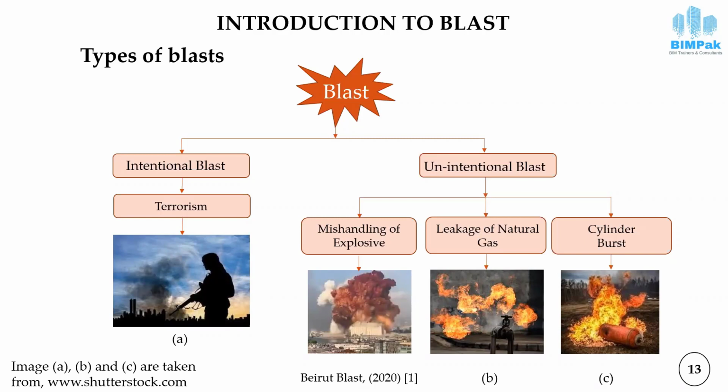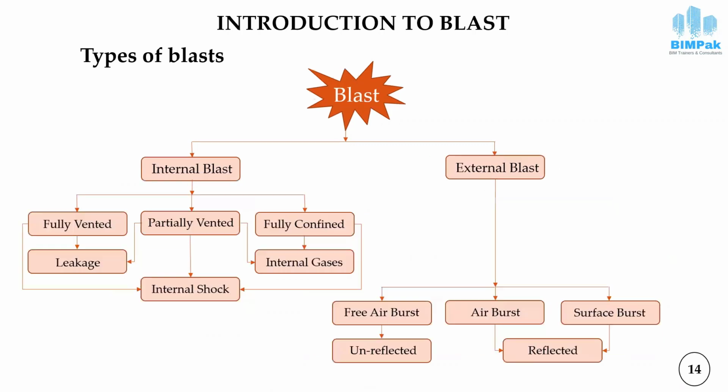Number one is mishandling of explosive material, and the Beirut blast in 2020 was the worst example of mishandling of explosive material. Then we have leakage of natural gas, and the third one is cylinder burst. So these are the three types of explosion which we can categorize as unintentional blast.